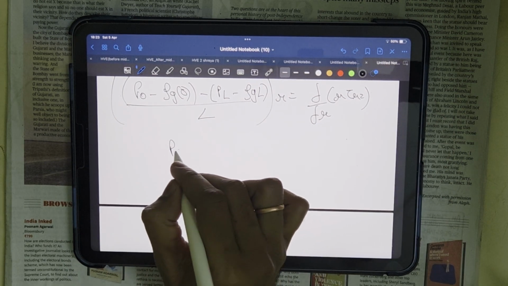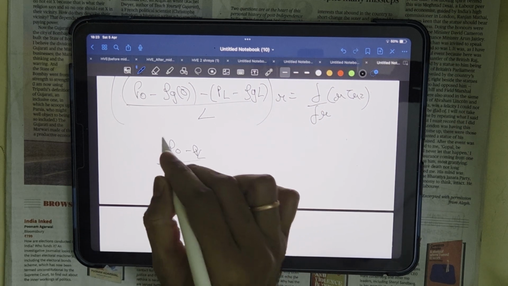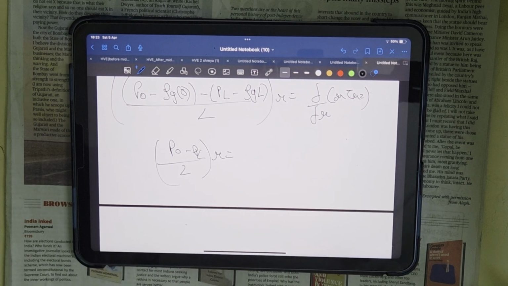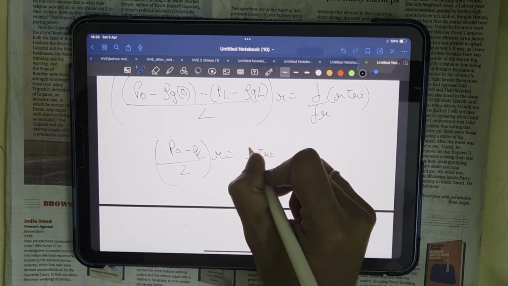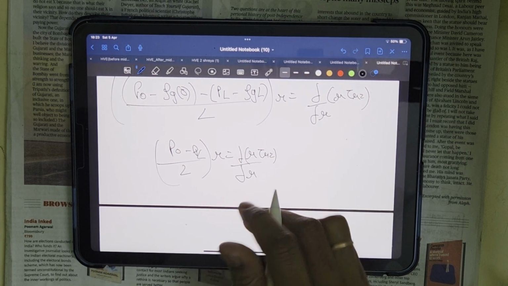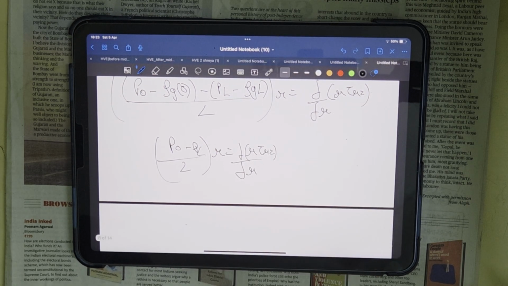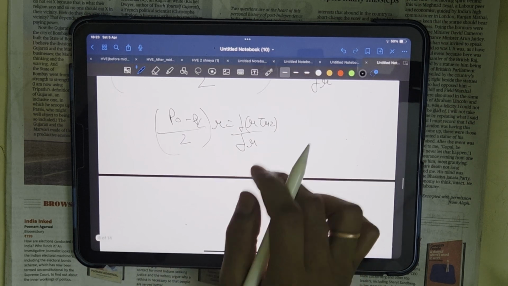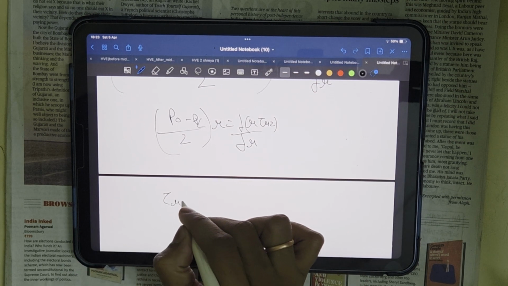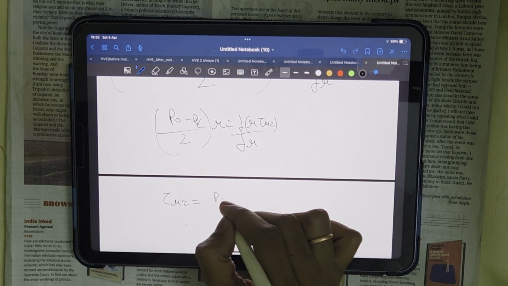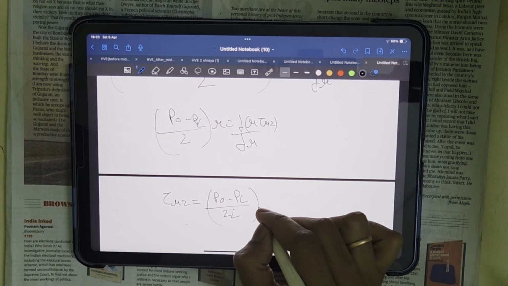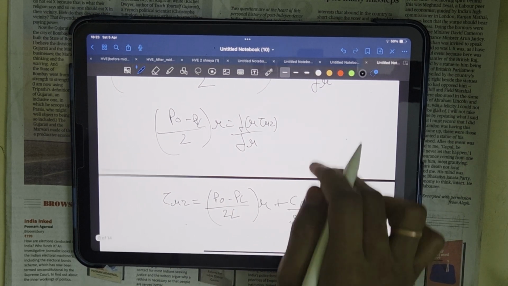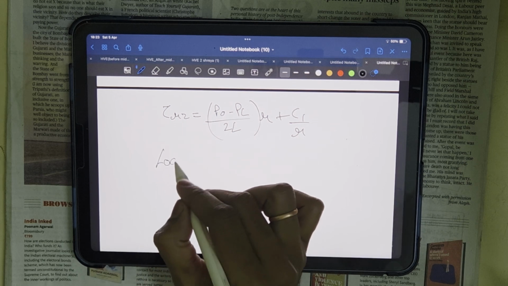This becomes P0 minus PL upon L into r, which is equal to d of dr of r tau rz. After integrating, we get tau rz equal to P0 minus PL upon 2L into r, plus C1 upon r. Now the boundary condition.